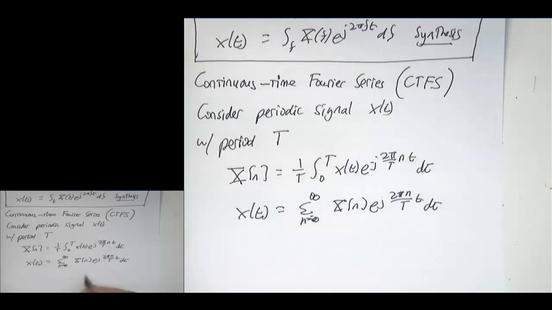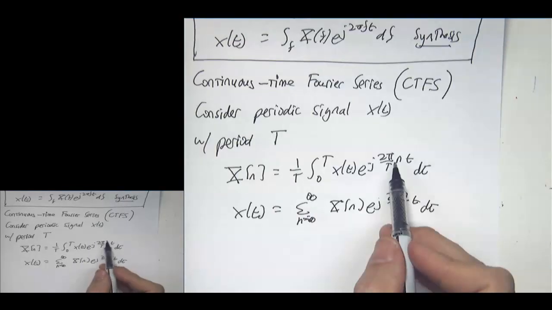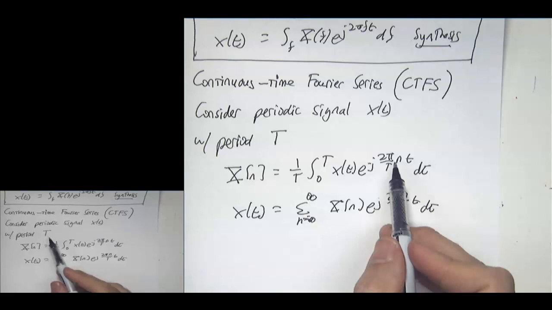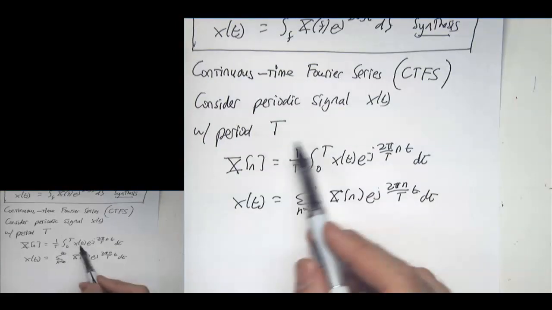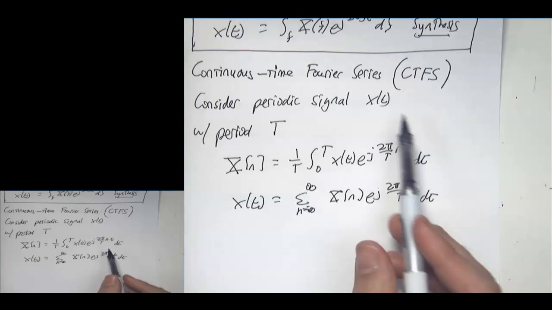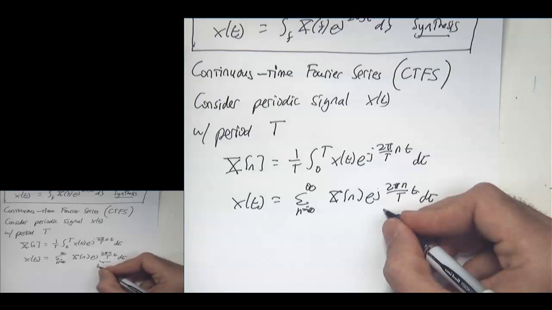The way to think about this is that when you have a periodic signal, it has a discrete spectrum instead of a continuous spectrum like an aperiodic signal. And these are the frequencies that are important.